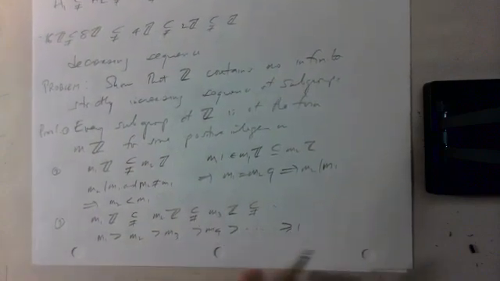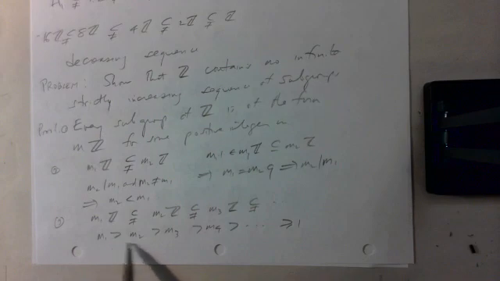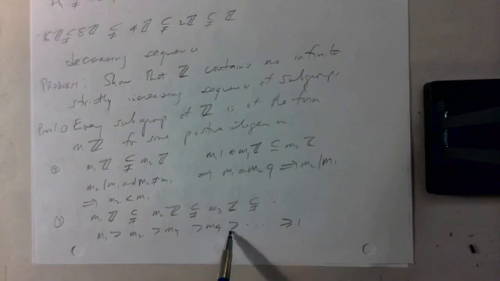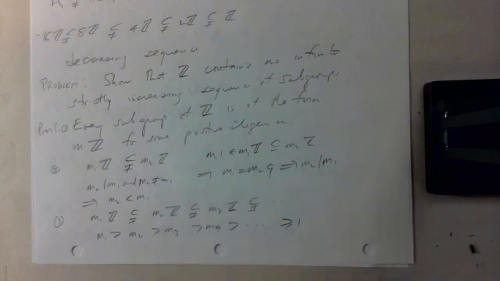And there is no strictly decreasing infinite sequence of positive integers. If you have positive integers that are strictly decreasing, at some point it has to stop. So that's a proof that you cannot have an infinite increasing sequence of subgroups.